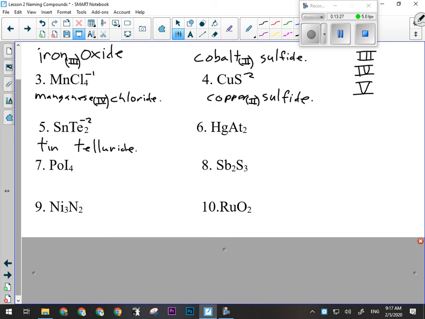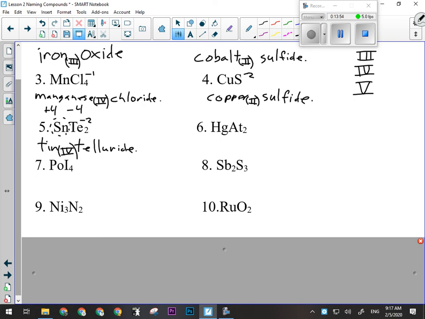Tellurium's always a -2, and I have 2 of them here, so how many negative charges? 2 times -2 is -4. That means from this single tin atom, I have to get 4 positive charges, so this is tin 4 telluride. Questions on that one?